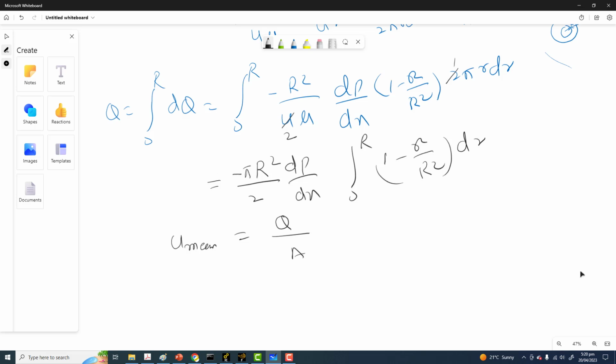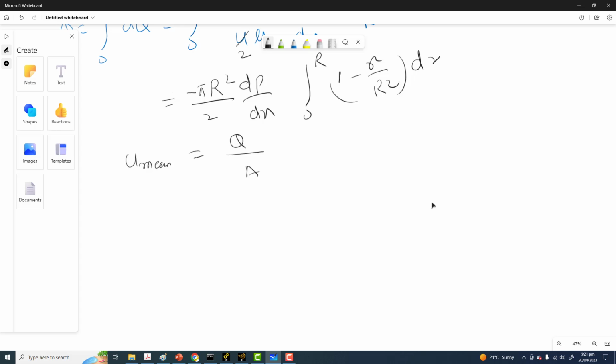So this will be equal to, the Q is given above, minus pi R square upon 2 dP by dx, integration 0 to R, 1 minus r square upon R square into dr, and divided by area.